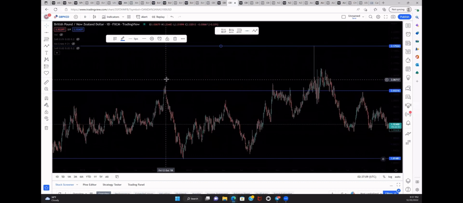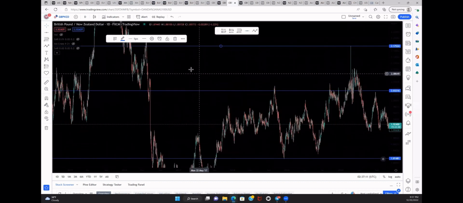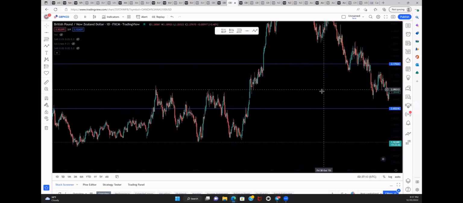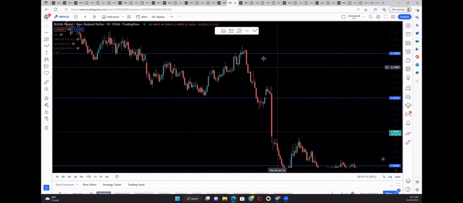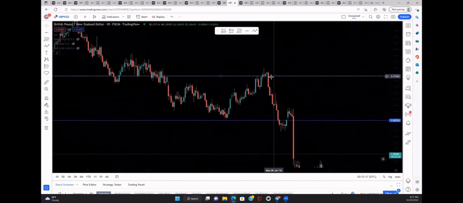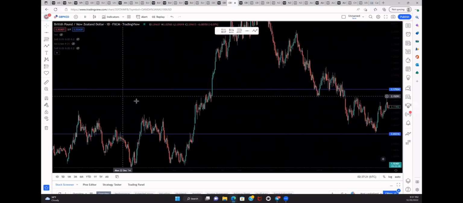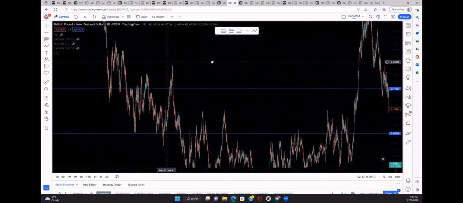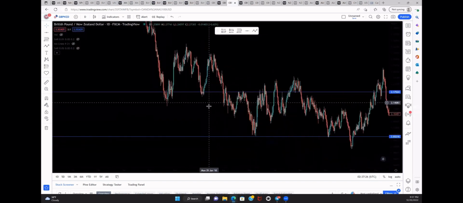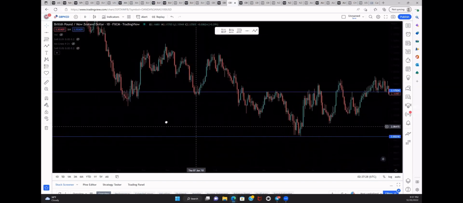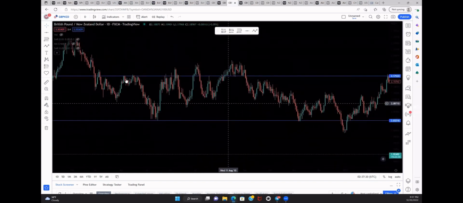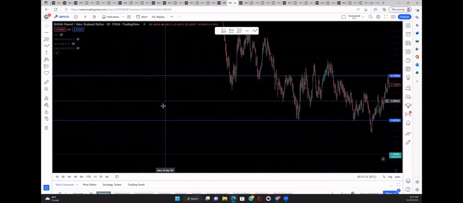This one's pretty high though. Could have gotten good entries off this level. Could have ridden that wave down, that daily candlestick. Strong support level there. Strong resistance level there. Same thing here. We identify a strong support resistance level here. And this is 2010, so this is 10 years ago.